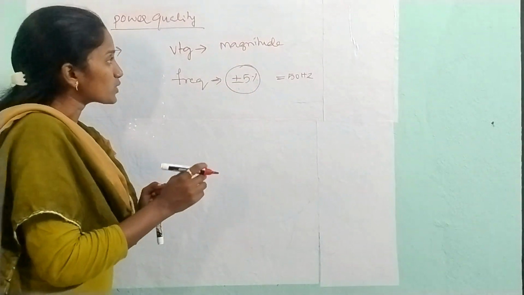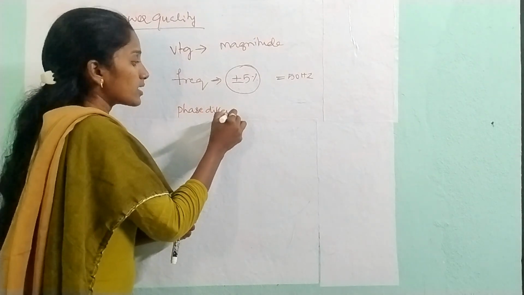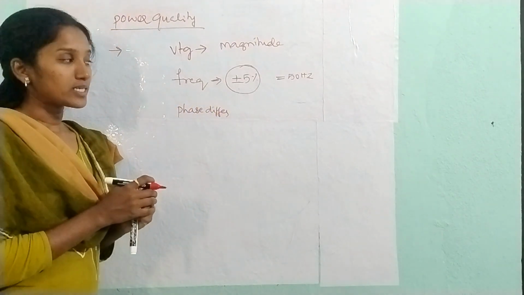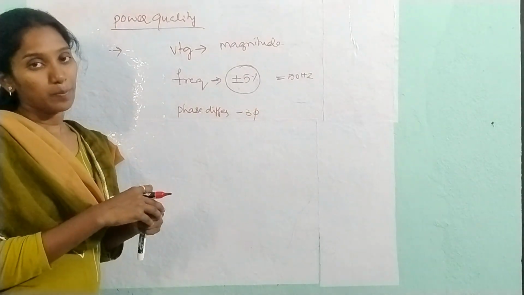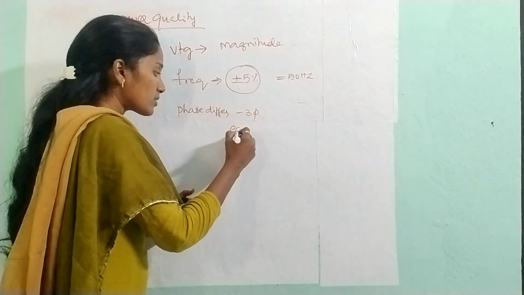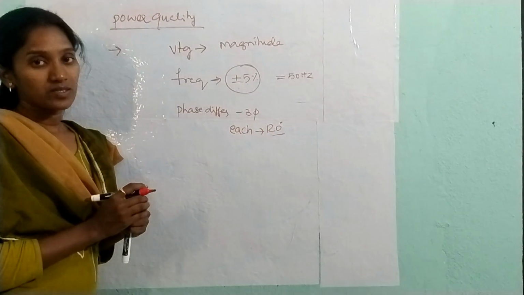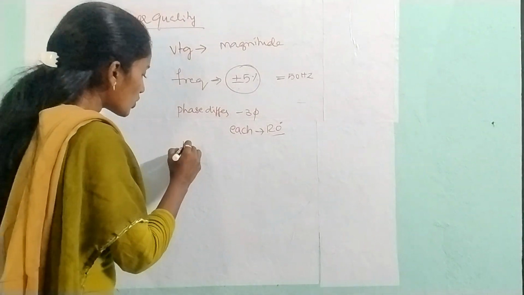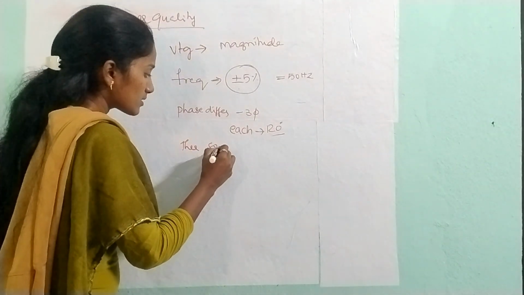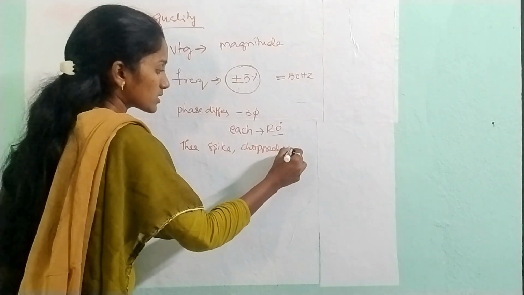Okay, and coming to phase difference. Phase difference means, in case it is a 3-phase circuit, each phase of the 3-phase supply should maintain the 120 degrees phase difference. And there are no spikes and chopped voltages.